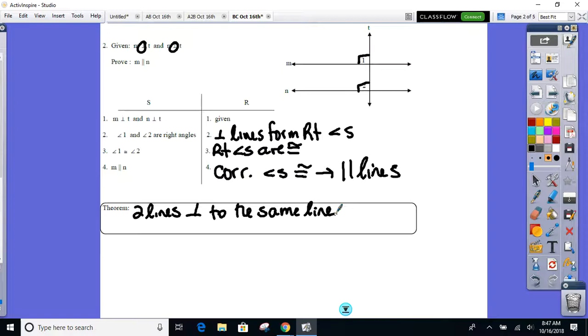Those two lines are not perpendicular to each other, but they're parallel. So two lines perpendicular to the same line are parallel to each other. Go ahead, I'll give you a second. Same thing on your index card: write your givens on the front, conclusion and theorem on the back.